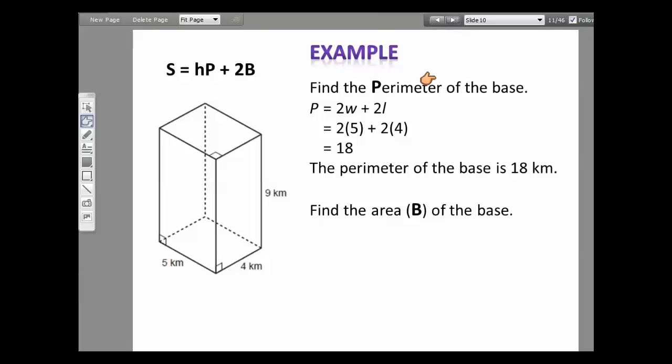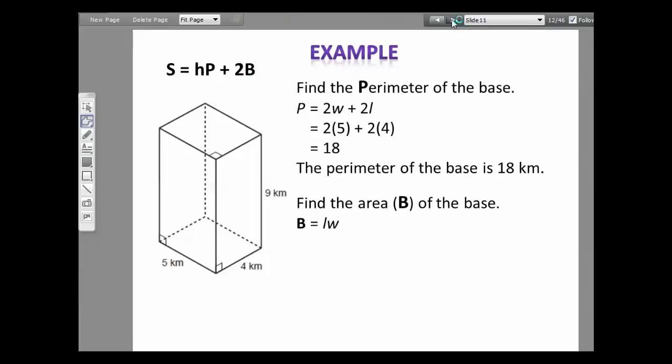Okay, now we're going to find the area of the base. So see, we found capital P. Here's capital P. We're going to plug it into the formula eventually, right there. So now we're finding the capital B, the area of the base. The base is a rectangle, so it's going to be length times width.